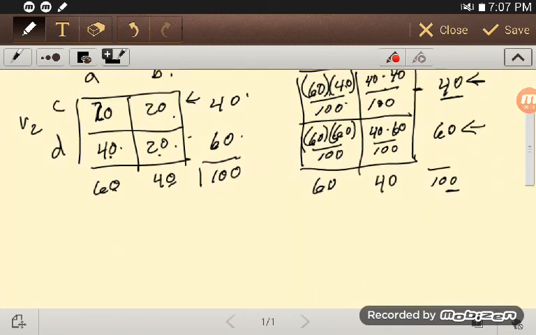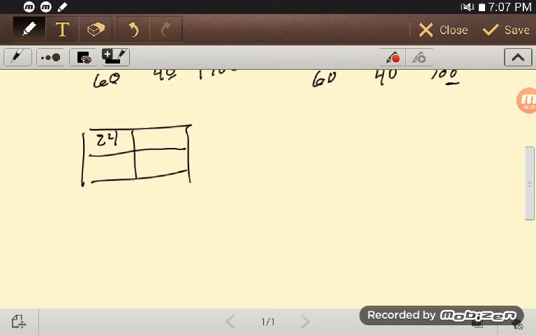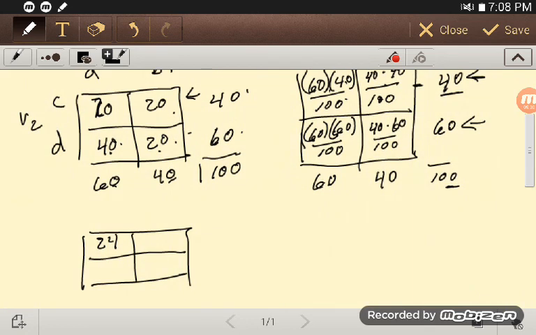And what that becomes then is my perfect independent situation would have 24, 36, and then 16, and 60% of 40 is the 24 again.